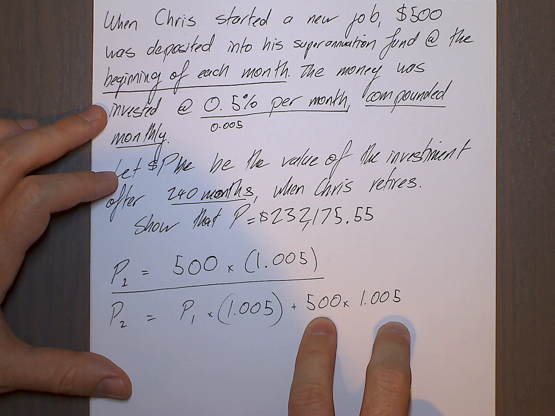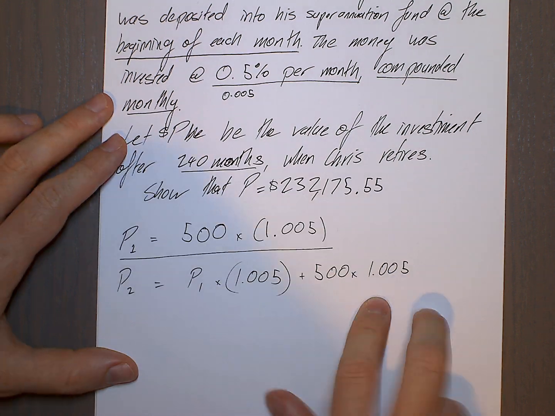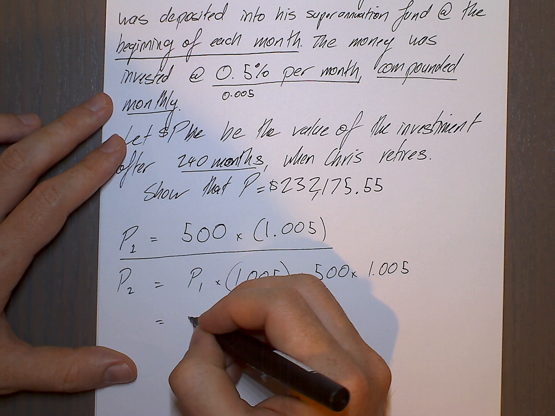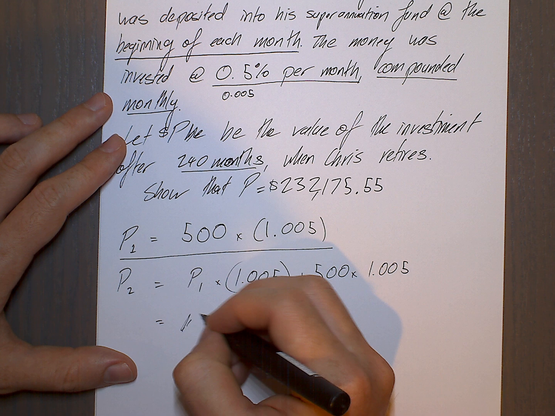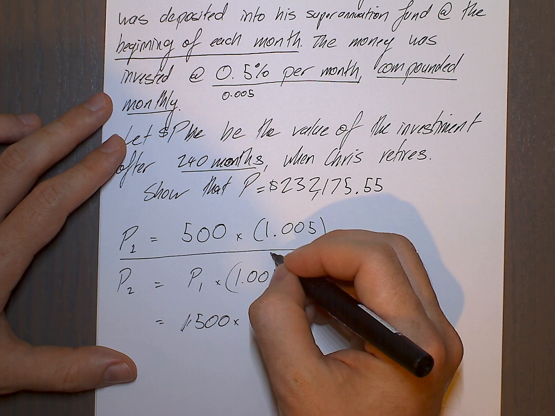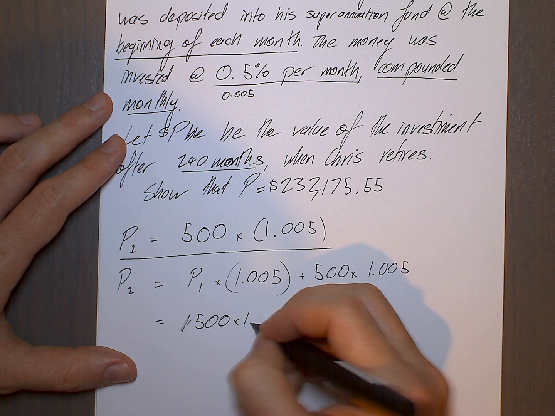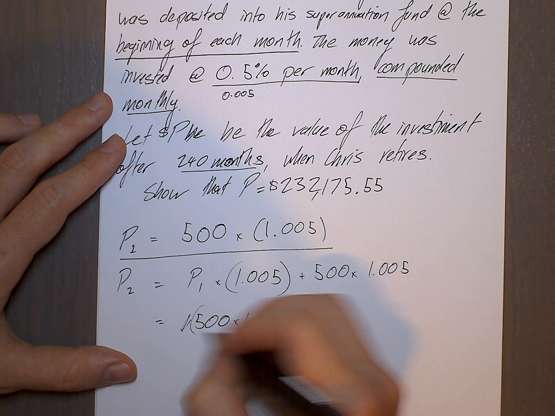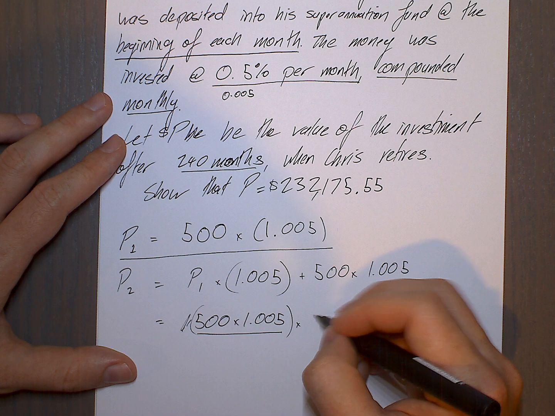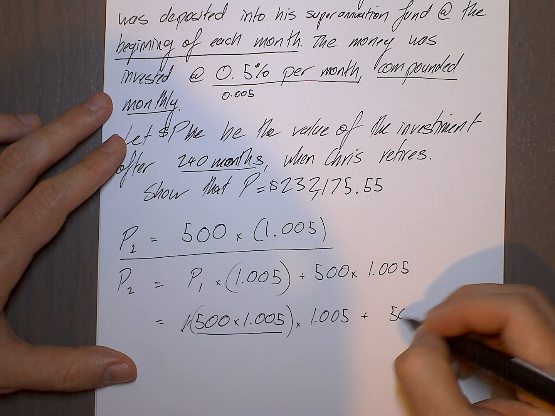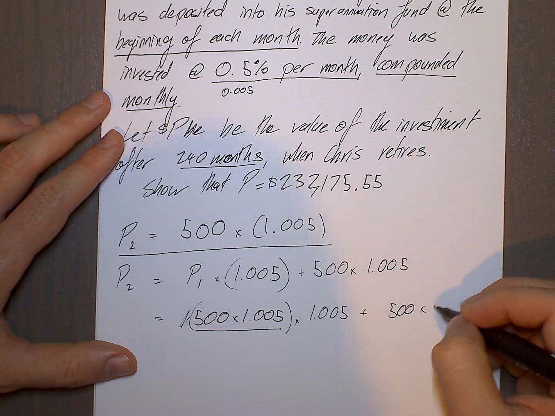And this is the 500 they put in at the beginning of that month, which is separate. If we expand that, taking from P1, 500 times 1.005, I'll go a little bit slower for you guys, that's our P1 just here, times 1.005, plus 500 times 1.005.